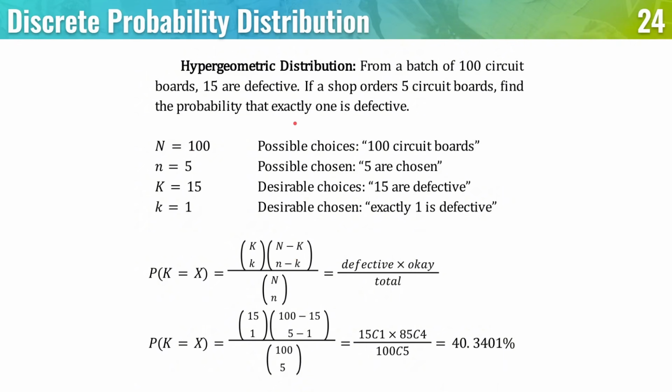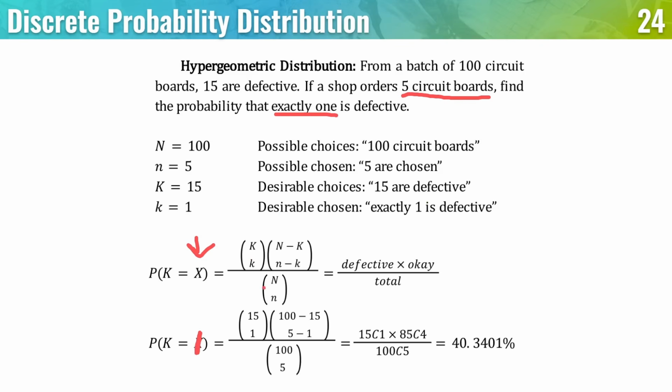An easy way to memorize this, if you encounter these a lot, is that x is going to be a random variable. It can be 0, 1, 2, 3, 4, or 5 because out of the 5 circuit boards, there can be 0 to 5 defective circuit boards. But in this example, we have exactly 1. So this is the thing you need to replace with 1.